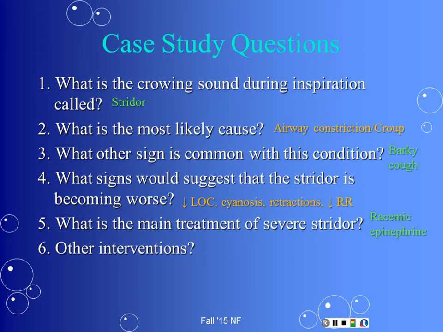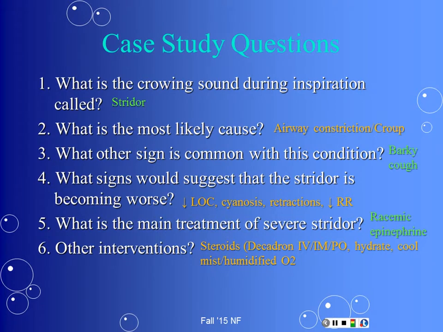Other interventions for croup. Thoughts? So you talked about steroids. Yes, they will give the kids steroids. The earlier on, the better, because it will help stop that inflammation before it gets so severe. The recommended steroid is Decadron or dexamethasone.